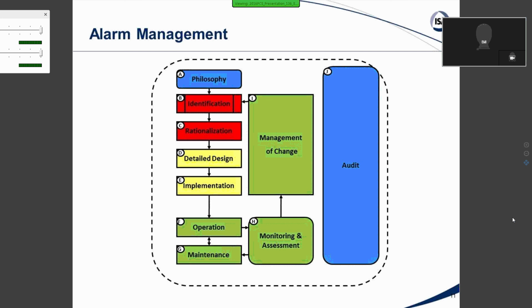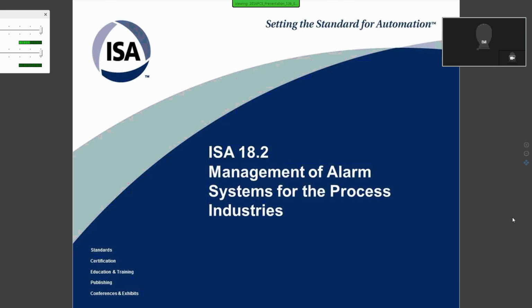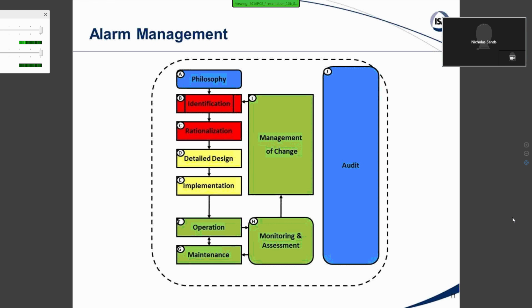ISA 18.2, right? So this is the alarm management standard. It was originally issued in 2009, which is interesting. And if you look at the numbers, so ISA 18, the 5 committee was the 5th standard committee formed. The 18 committee was the 18th standard committee formed.